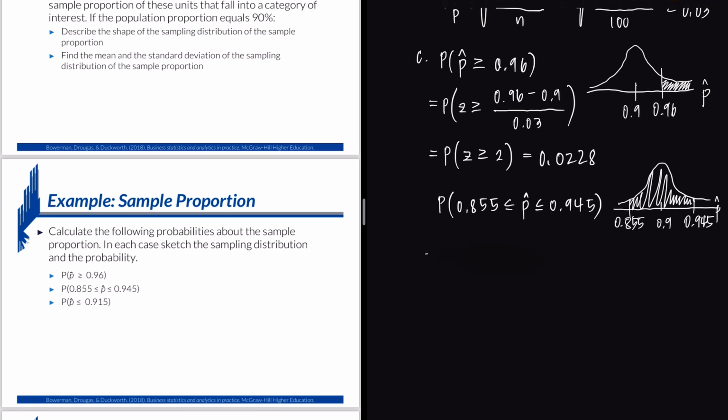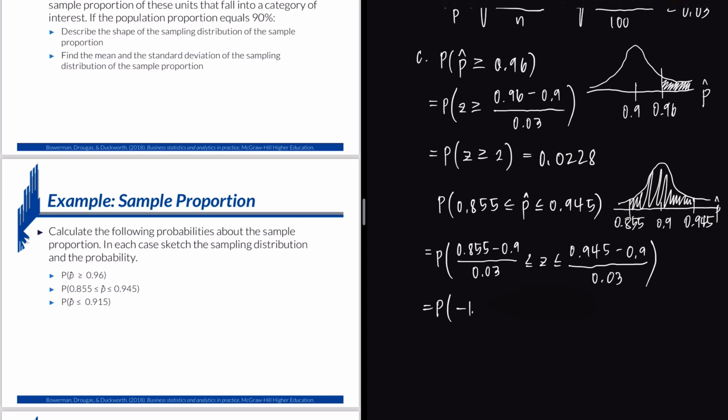So to compute for this probability, we will have to convert two values of p hat to z. So that's 0.855 minus 0.9 over 0.03, and then 0.945 minus 0.9 over 0.03. When we convert these two values of p hat to z, we will get positive and negative 1.5.